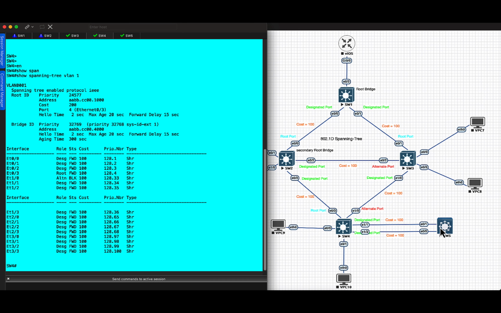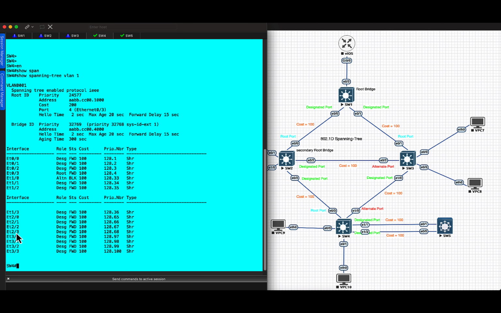From switch 5's perspective, if it uses E00 connected to the neighbor E1/2, what is the priority of this interface? E1/2, right? If we look at the output on switch 4, what we care about is the neighbor's port from whatever switch we try to determine, right?